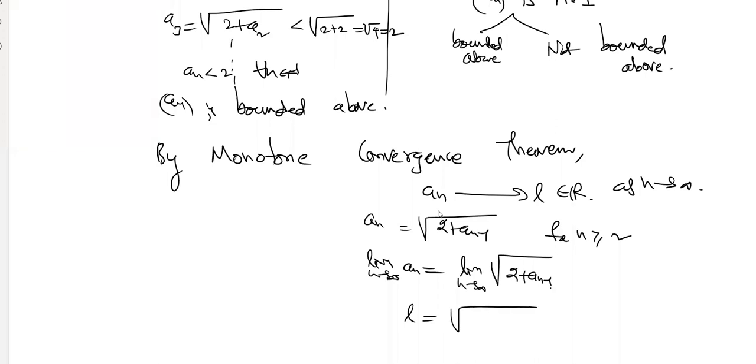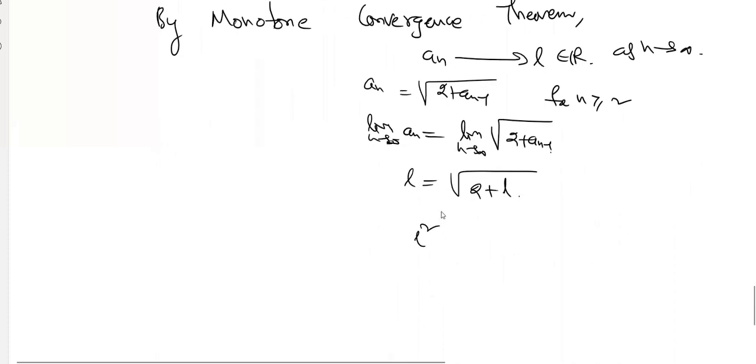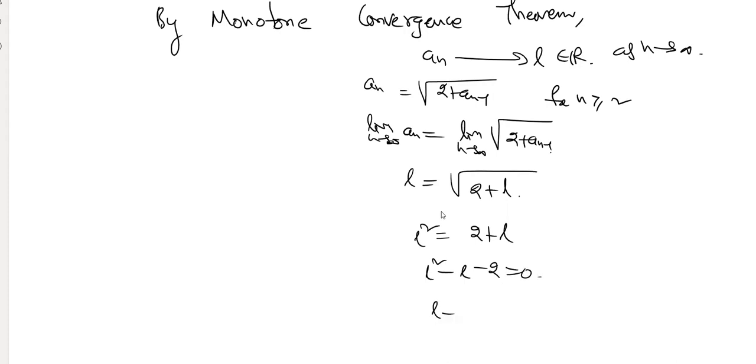Therefore, the limit of the square root is the square root of the limit, and 2 plus a_n converges to 2 plus L. So squaring on both sides, L squared equals 2 plus L. Therefore, L squared minus L minus 2 equals 0. So this is nothing but (L minus 2)(L plus 1) equals 0. Therefore, L equals 2 or L equals minus 1.